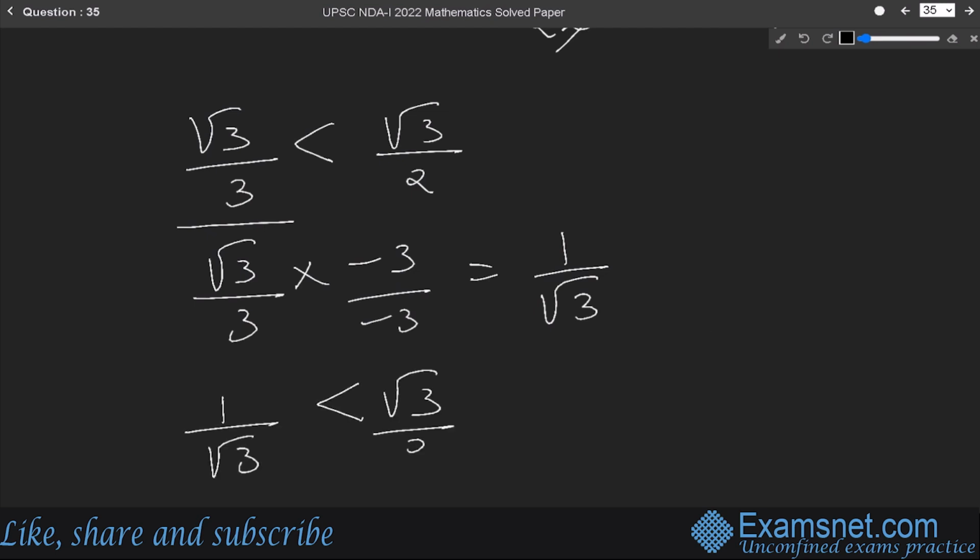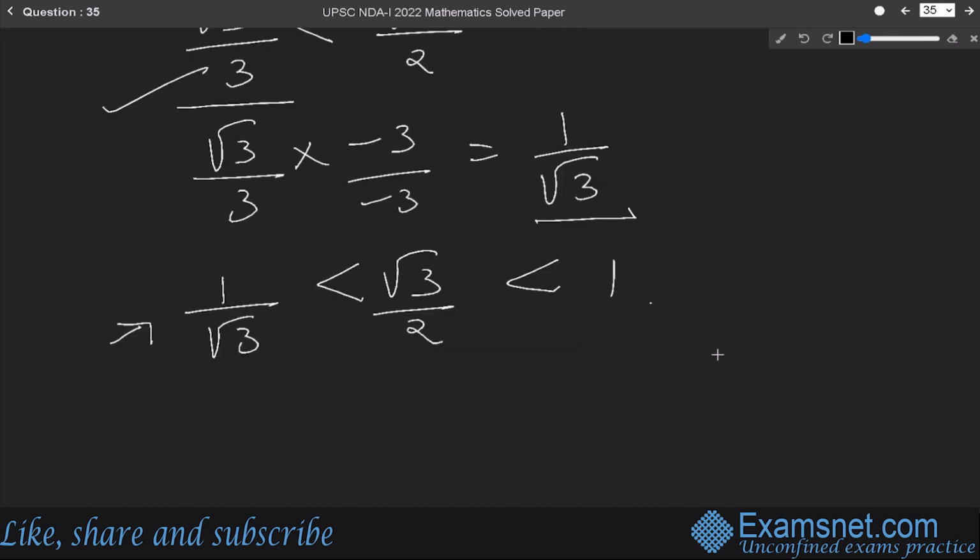And I can say that root 3 by 2 lies between 1 upon root 3 and 1. We know that 1 by root 3 will be less than root 3 by 2, and root 3 by 2 will be less than 1, which I have written in the step.